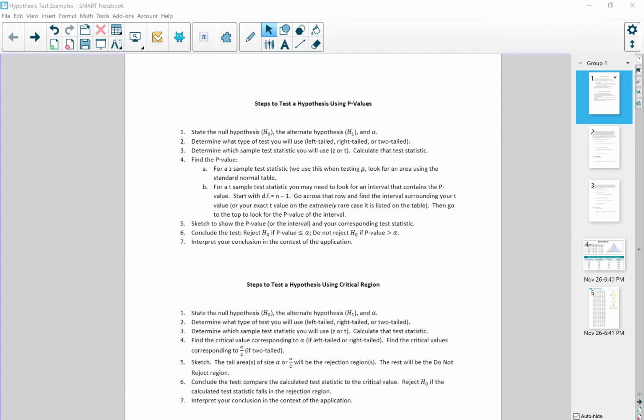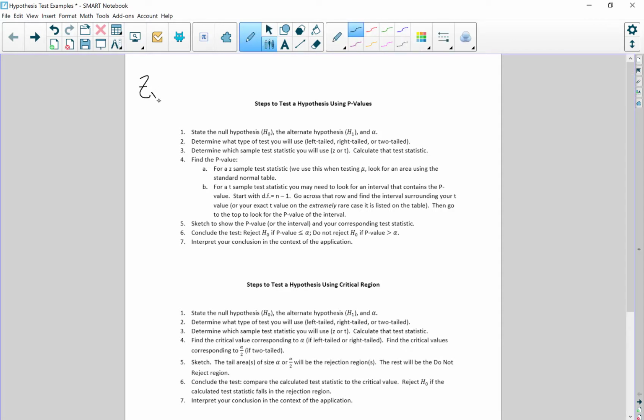Next, you want to determine the test statistic you're going to use. So the test statistic is either going to be z or t for our purposes because we're only looking at means. And you want to calculate that test statistic. So remember, the formula is always going to be very similar. So for a z-test statistic, z of x bar is going to equal x bar minus mu over sigma over square root of n.